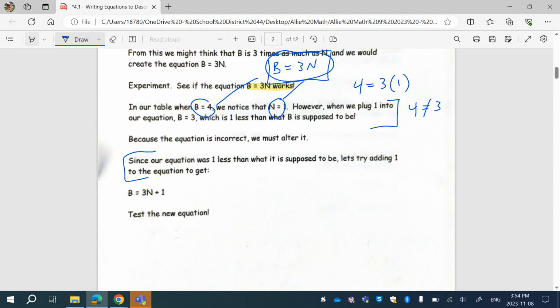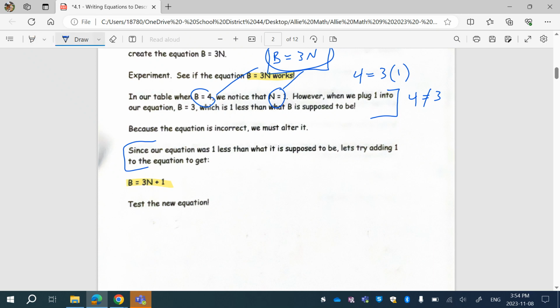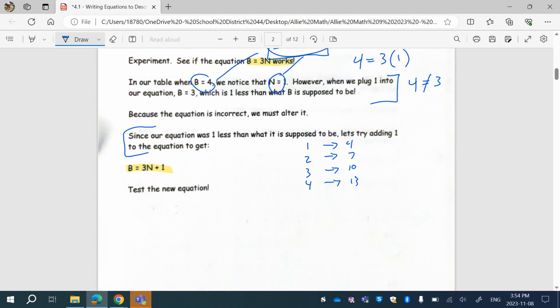So let's try this and see if that works. And we'll test our new equation. We can use any set of values. Remember, the values of n were 1, 2, 3, 4, and the values of b were 4, 7, 10, and 13. So we can try the first one.